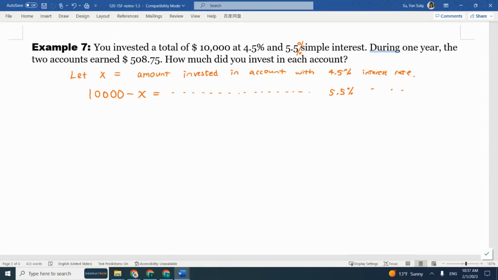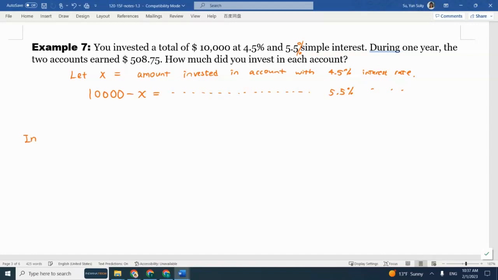Since this sentence is almost the same, you can write 'that account' to save you some time copying. Okay. Does that make sense? We have a total of 10,000. You put x here, and then the rest is 10,000 minus x. Yes, everybody? Okay.